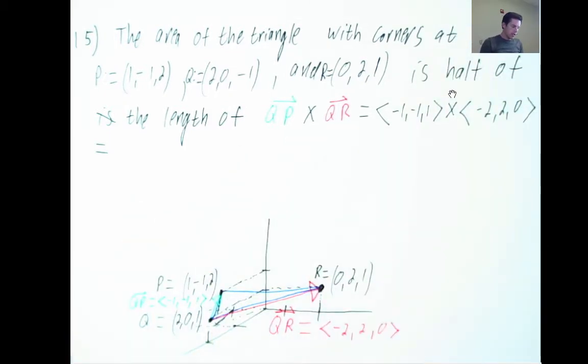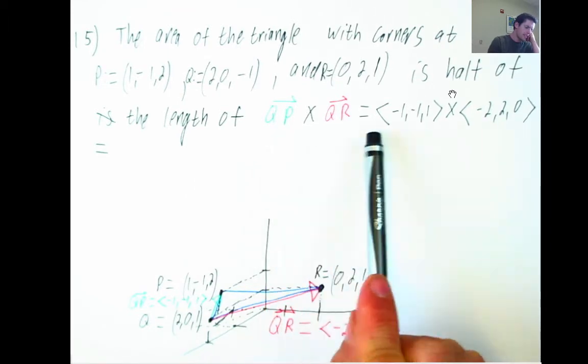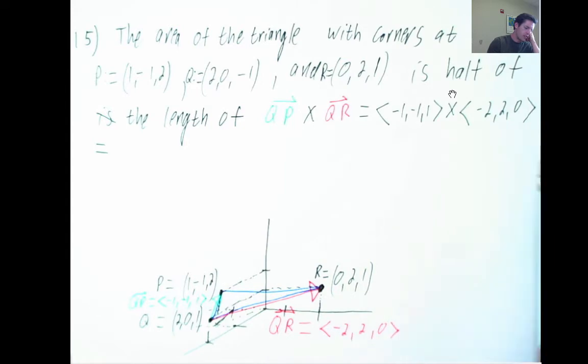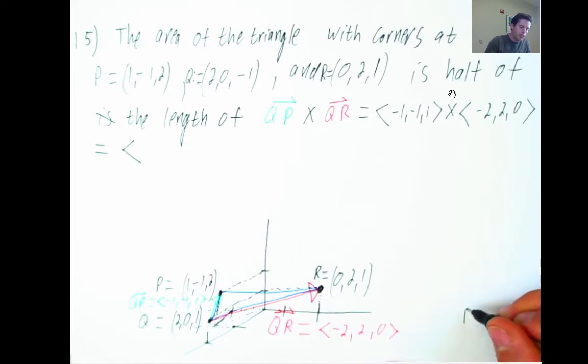Okay, so continuing with that sentence, what is this vector? We're going to find the vector and then find the length. So I've been encouraging you, implicitly, to think this way, but let me say explicitly, it would be very nice if you didn't have to go off in the corner and make an i hat, j hat, k hat, -1, -1, 1, -2, 2, 0 every time you did this, right?